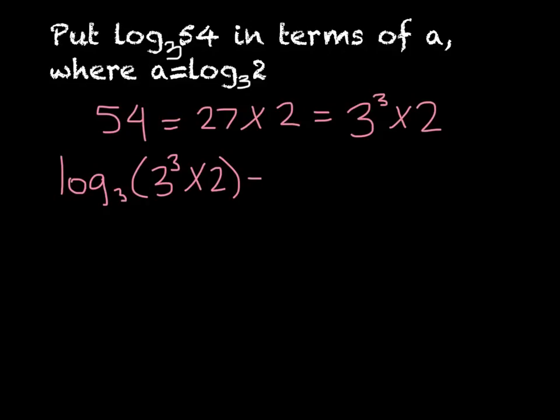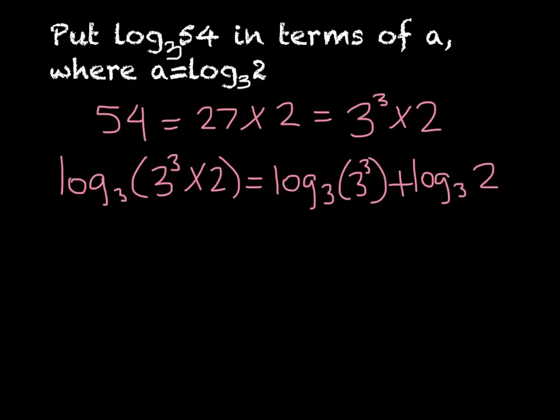Now we can use our product property to expand this into log base 3 of 3 cubed plus log base 3 of 2. Now we know that this is just equal to 3 by our inverse rule. And then we can just copy down log base 3 of 2. And since we're given what that equals, it's a, we can just write 3 plus a.